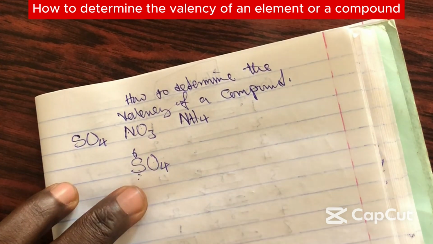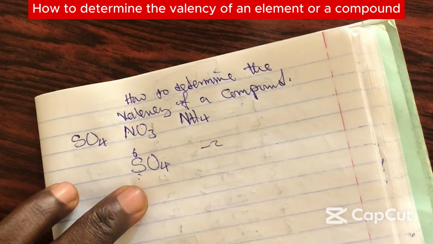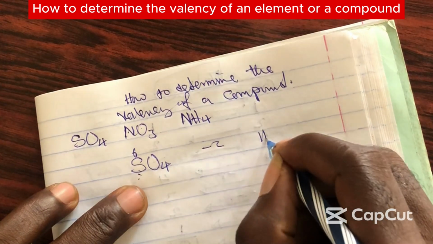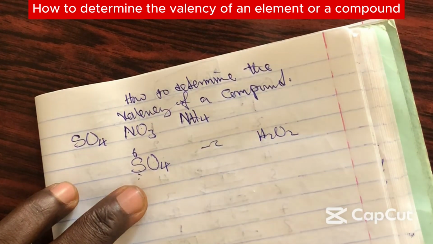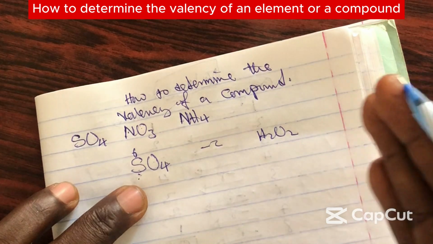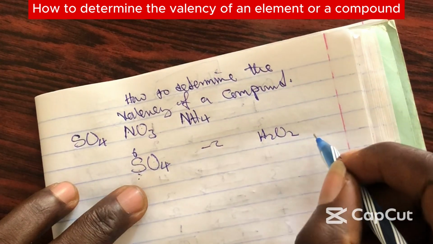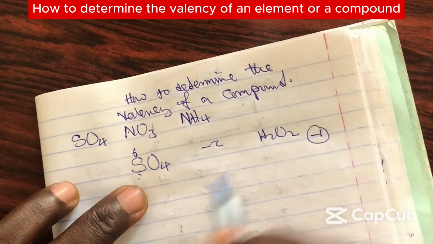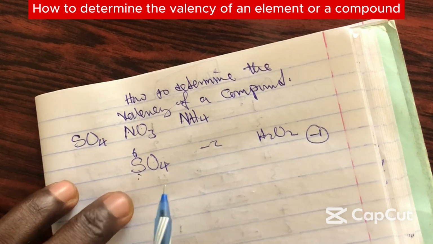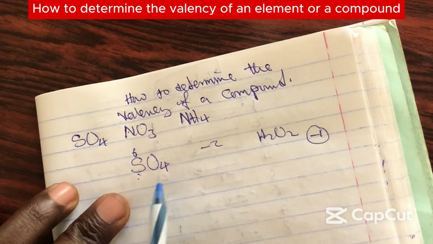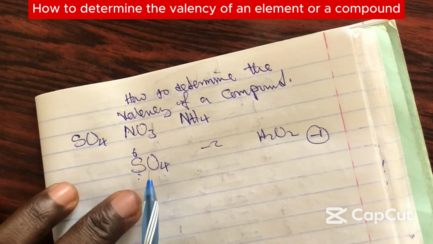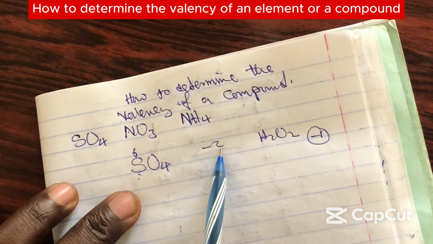Now oxygen is always minus 2, except in hydrogen peroxide, sodium peroxide, or potassium peroxide. In their peroxide form, they have an oxidation state of minus 1. Here it is not in its peroxide form, so the oxidation state of oxygen is minus 2.